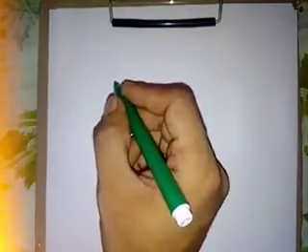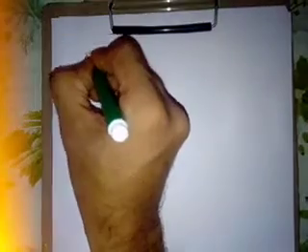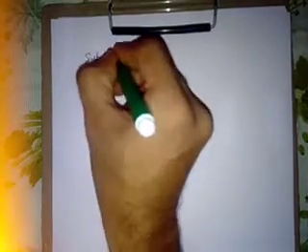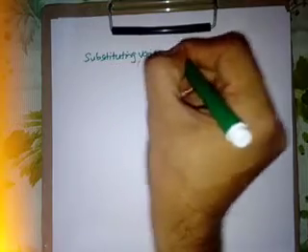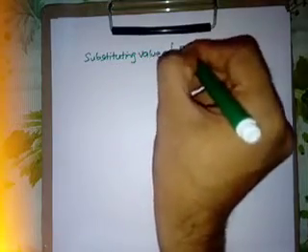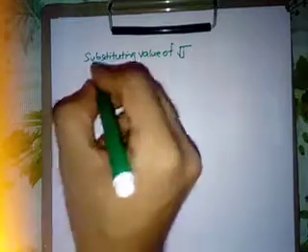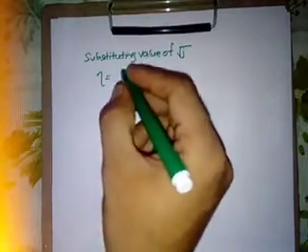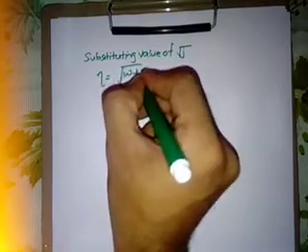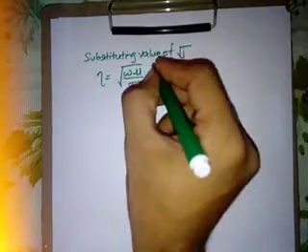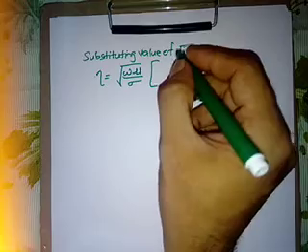Next, substituting the value of root j, eta is equal to the square root of omega mu by sigma into root j.